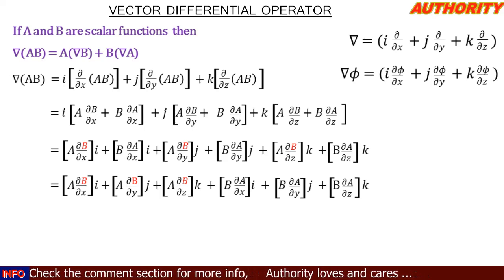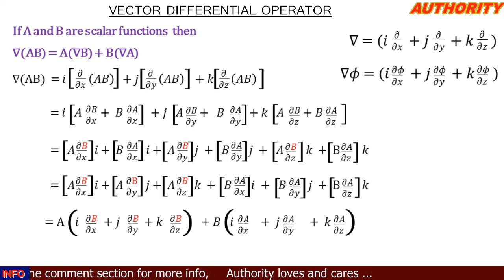Carefully looking at this, we see that in this first one, we have A multiplying all. We can actually factor out A. So factoring out A, we will have A open bracket, on i component, the partial derivative of B with respect to x, plus j, the partial derivative of B with respect to y, plus k, the partial derivative of B with respect to z.